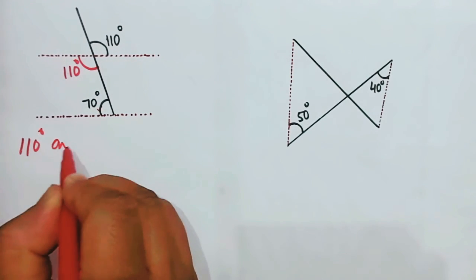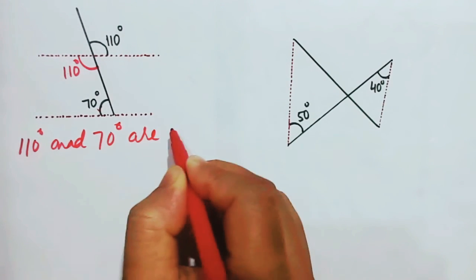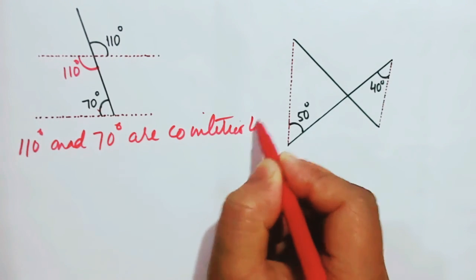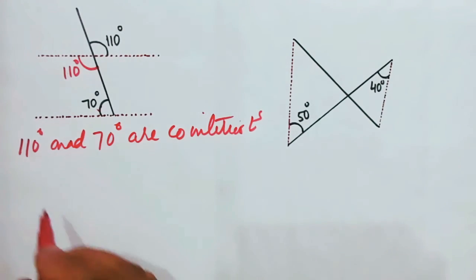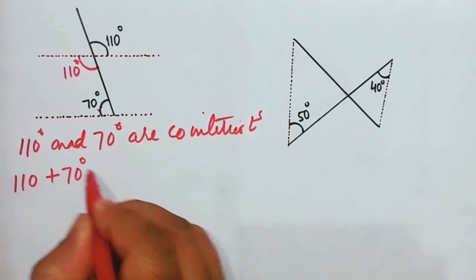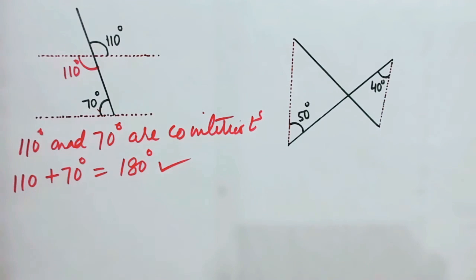110 degree and 70 degree are co-interior angles. Now let me see. When I add 110 and 70 degree, I get 180 degree, and this proves that these two lines are parallel.